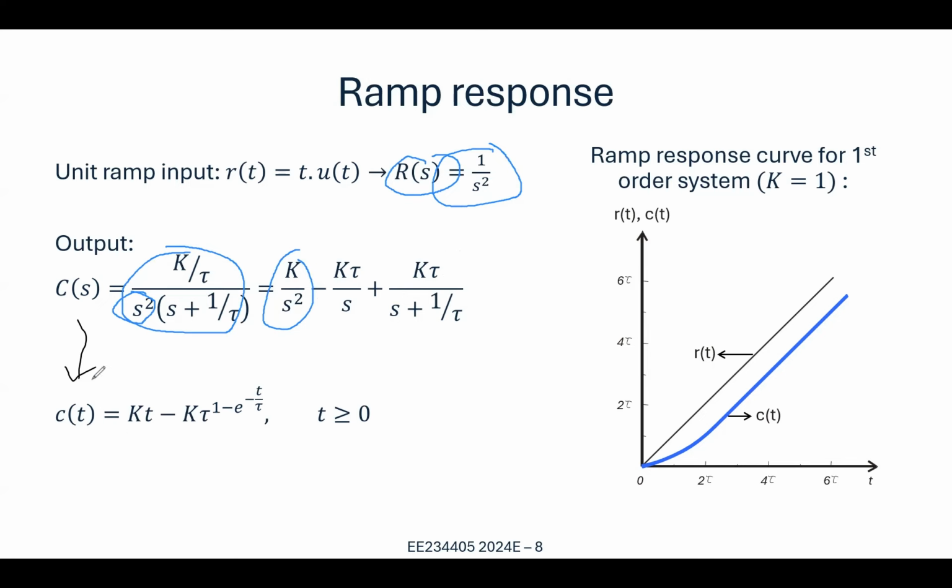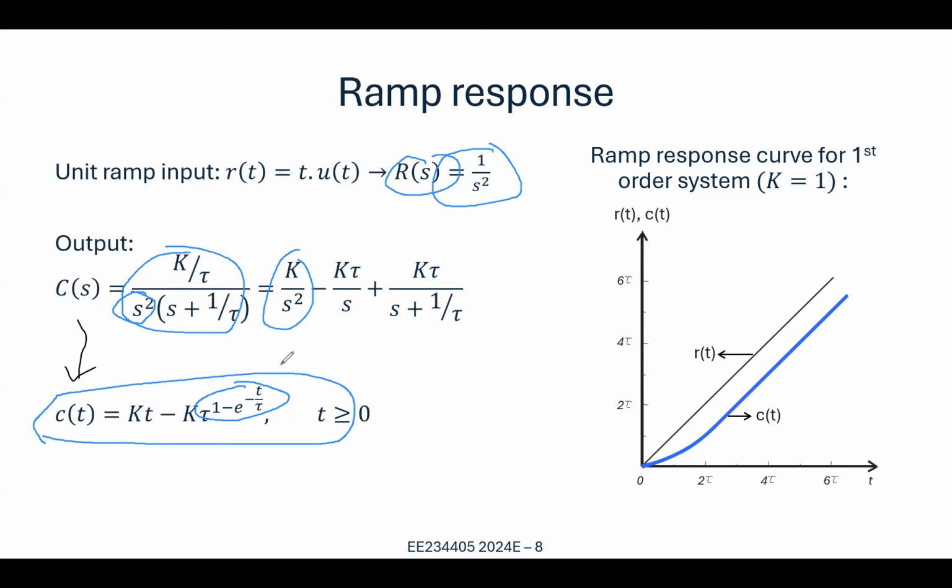And the time domain signal here is kt minus k tau times (1 minus e to the power of minus t per tau). So that would be the time domain representation of the ramp response.